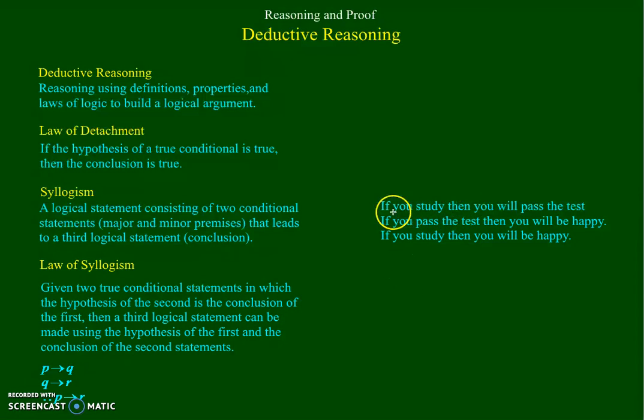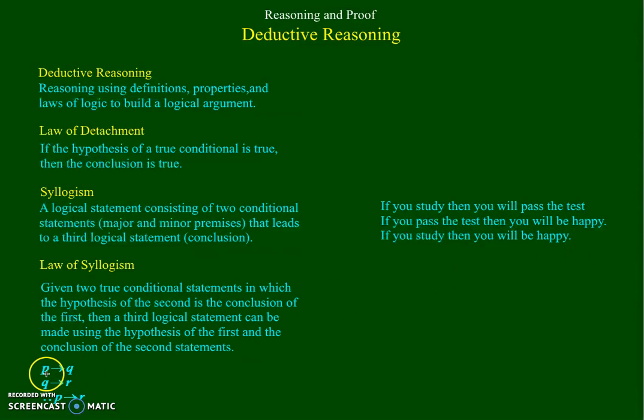The hypothesis of the first becomes the hypothesis of the third, and the conclusion of the second becomes the conclusion of the third. So if you study, then you will pass the test. This piece goes down here. If you pass the test, that leads to you being happy. Therefore, if you study, then you will be happy.